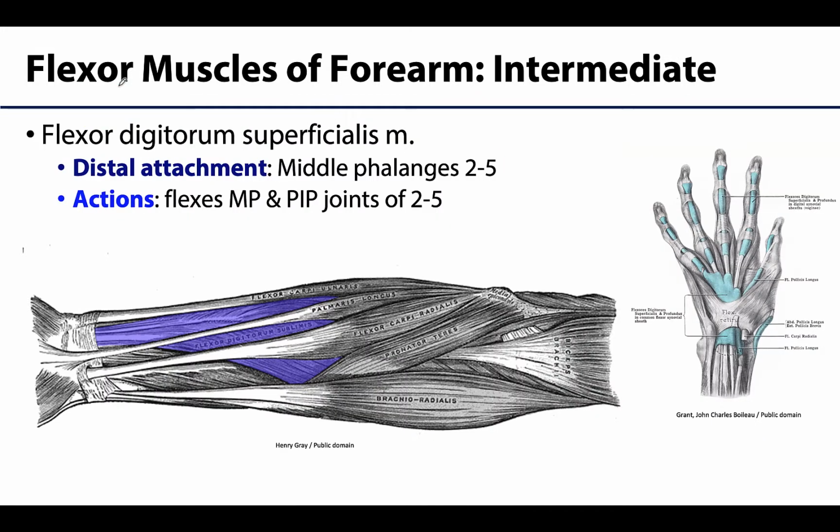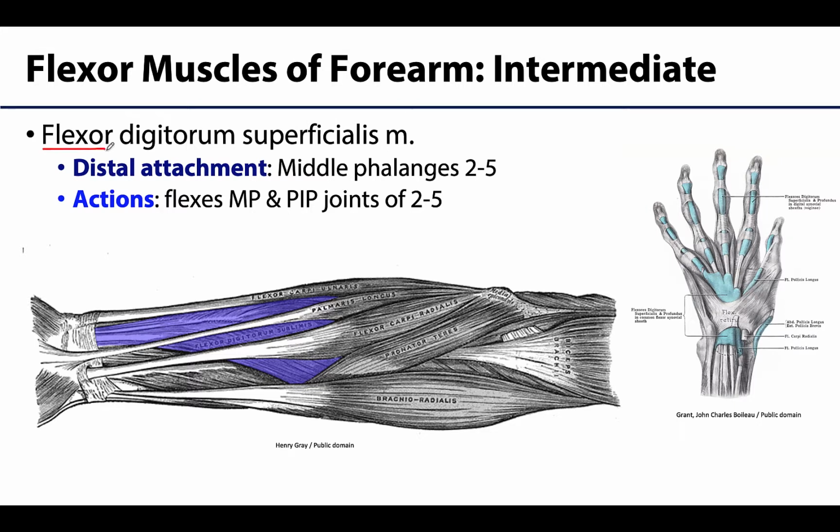Okay, moving away from some of the superficial muscles into the intermediate layer. So there'll be a superficial, an intermediate, and a deep layer associated with the flexor muscles of the forearm. And the intermediate layer is only composed of one muscle, but it's a big one, flexor digitorum superficialis. So same thing here. Let's break down this name.